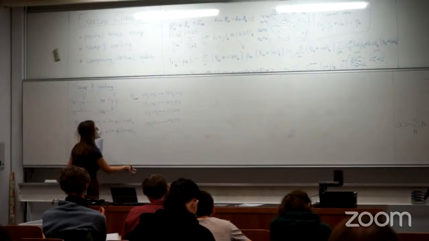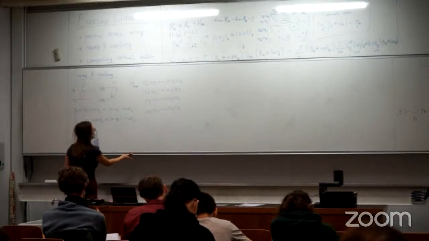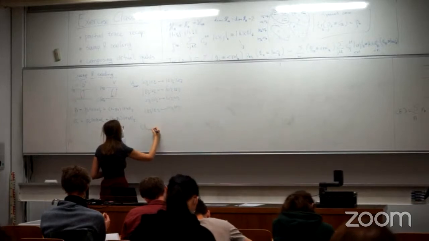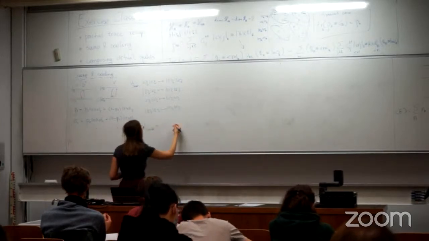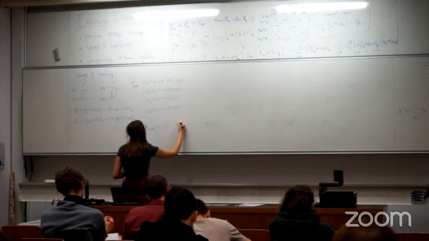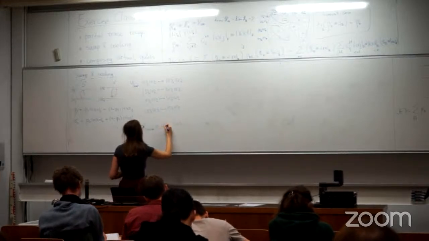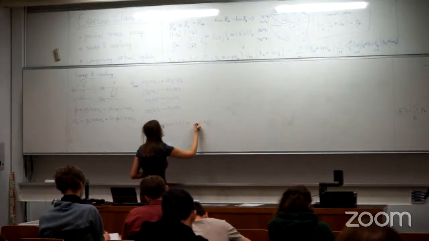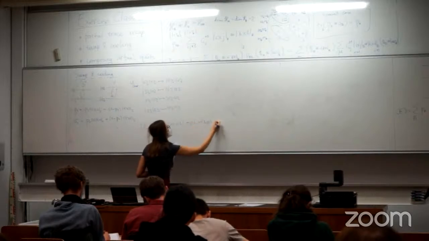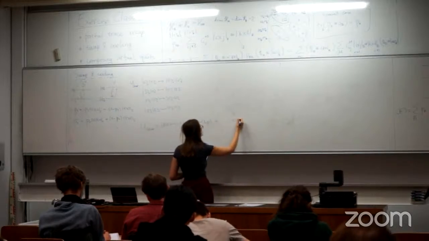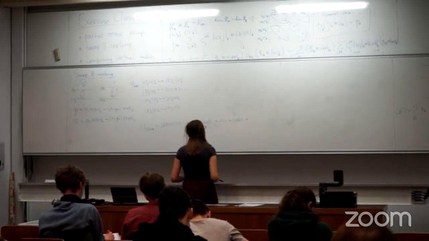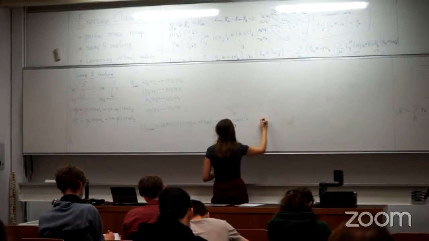So in the last tutorial, we already saw how to write this unitary in bracket form. So we just write that if we have 0, 1, it maps to 1, 0, plus if we have 1, 0, it maps to 0, 1, plus 0, 0 maps to 0, 0, and 1, 1 maps to 1, 1.